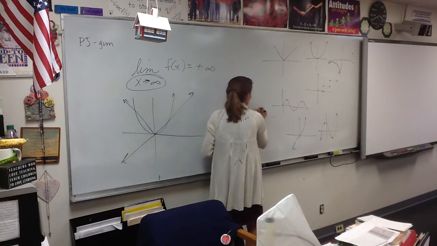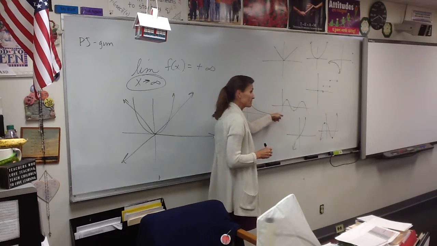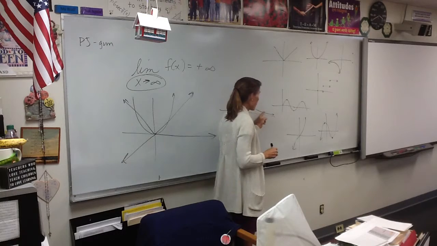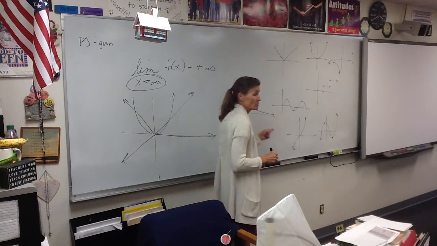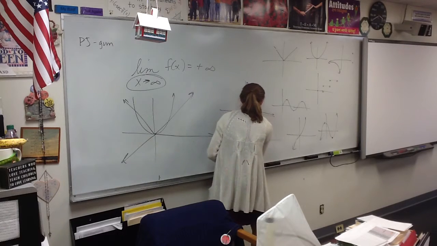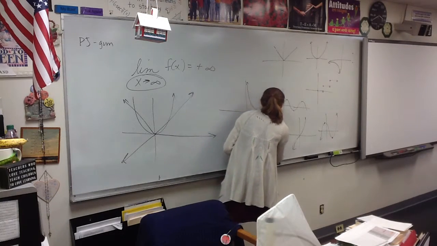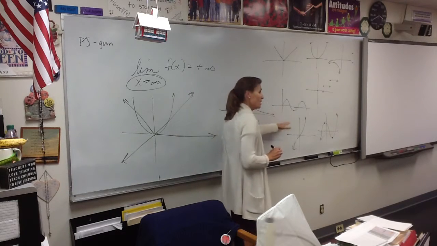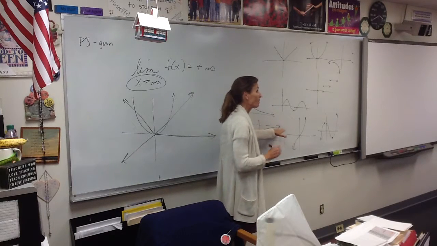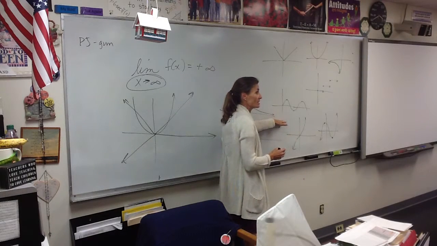How about the reciprocal function? As x goes right, what's happening to your y values? They're coming down, so that's one of them. How about your logistic function? As you go right, your pencil actually is going up, but not to positive infinity. It's got a ceiling, doesn't it?